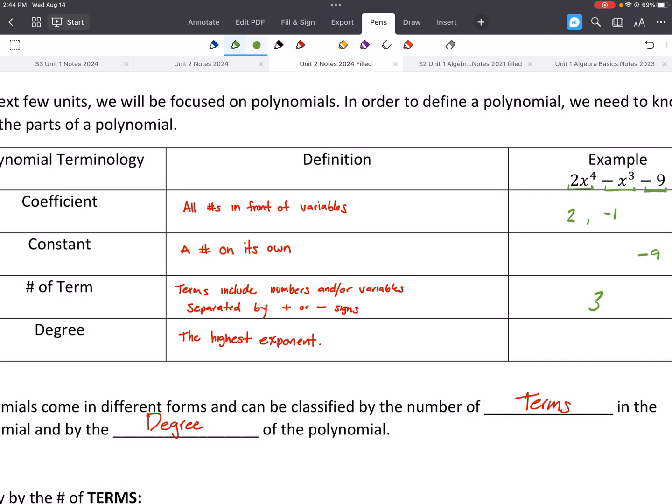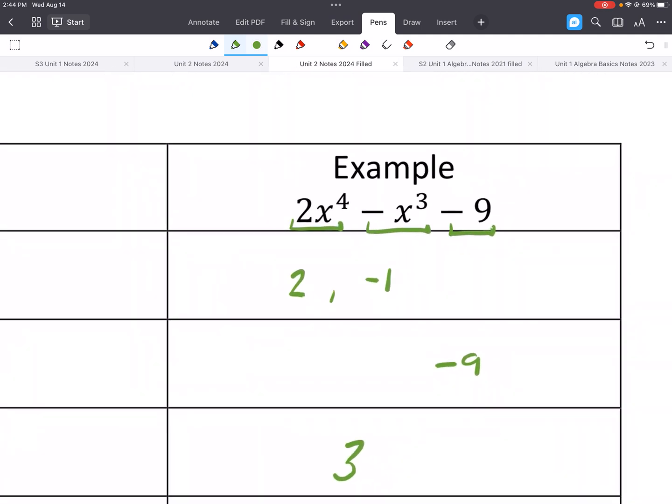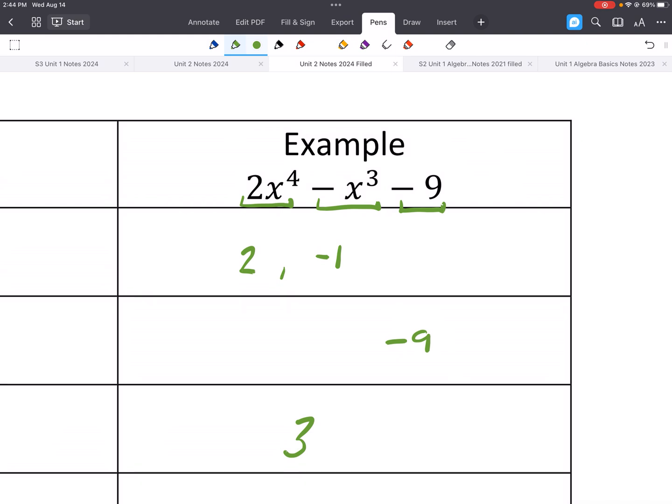Why is that important? We're going to be able to classify a polynomial based off of the number of terms, just like we can with degree. Degree is the highest exponent. If we look at this example, what's the highest exponent? The constant doesn't have an exponent. This term has an exponent of 3, and the leading term has the highest exponent of 4.